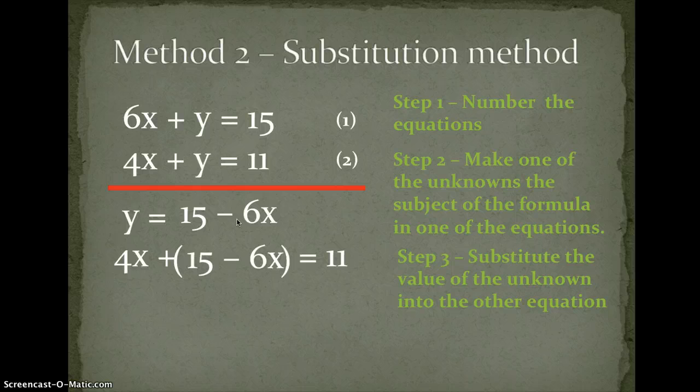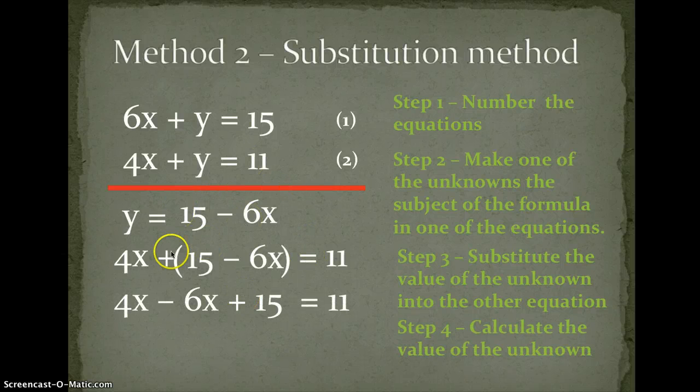Okay, so now we can simplify the equation. So we look at this, 4x and negative 6x are like terms. Then plus 15 equals 11. 4x minus 6x is negative 2x plus 15 equals 11.